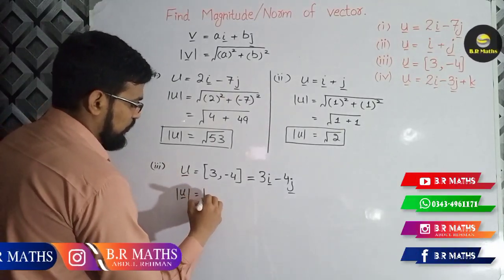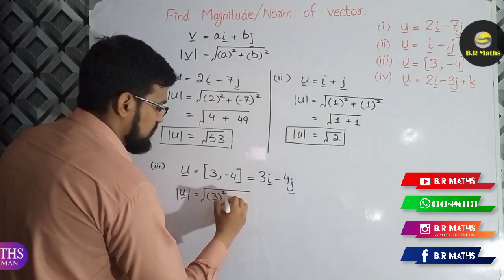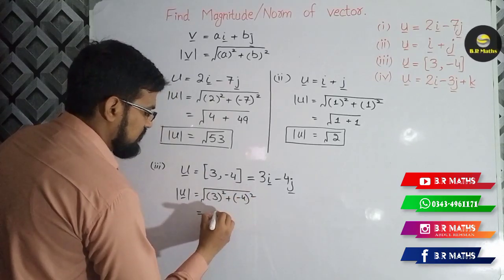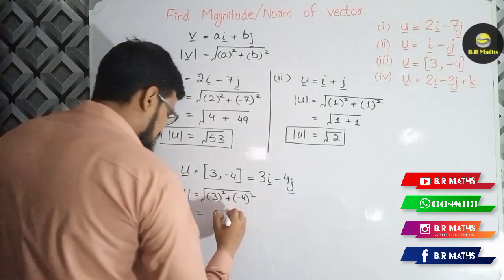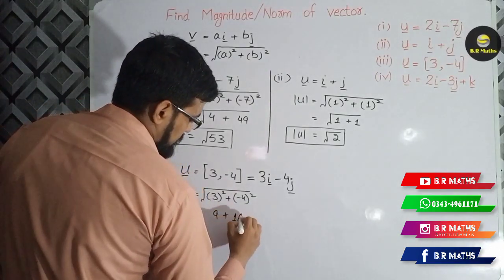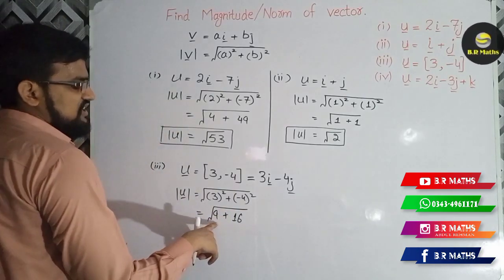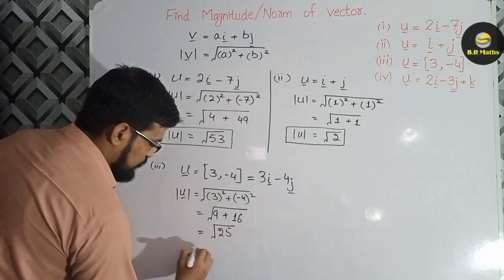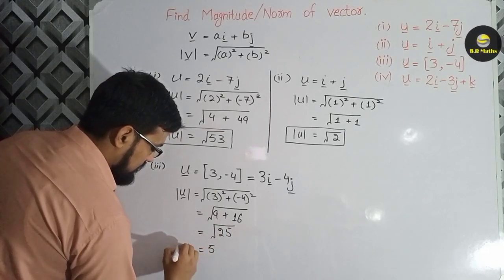So according to the rule of magnitude, 3 square plus minus 4 square. 3 square means 9. Minus 4 squared means plus 16. 9 plus 16 is 25, and the square root of 25 means 5.